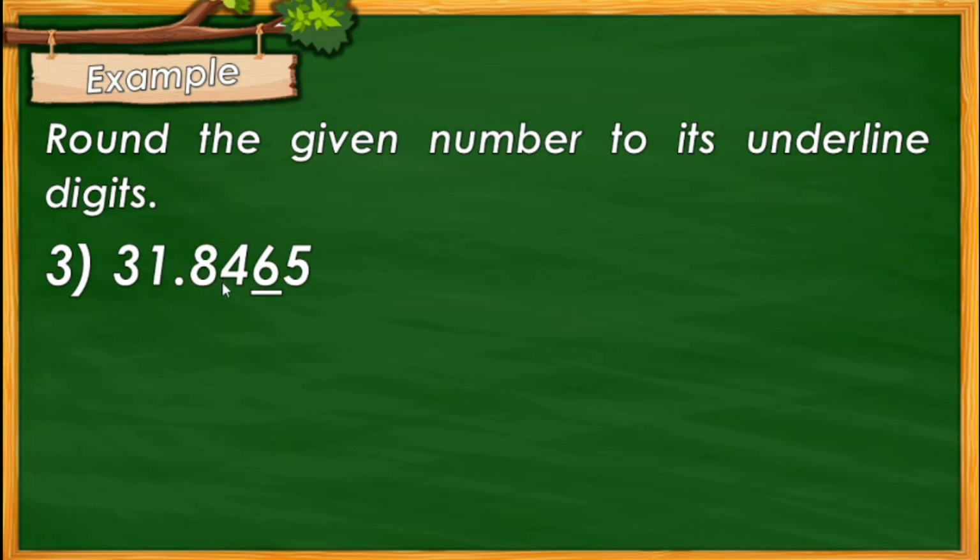Next, number 3. 31 and 8,465 10,000. So the underlined digit is 6. So look to the right. Look at the digit to the right of 6. It is 5. Let's identify first the place value of 6. So this would be the thousands place.